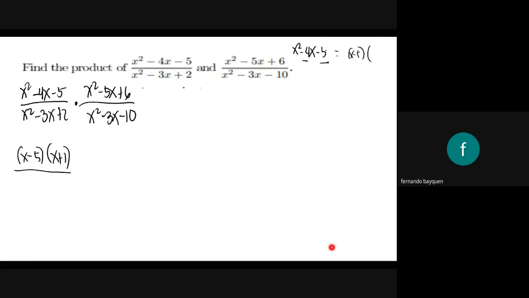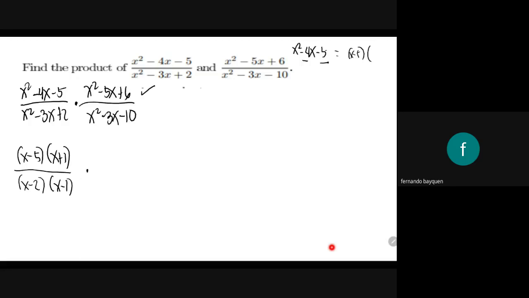Come on. Isip kayo ng factors ng 2 na kapag pinag-add natin negative 3. Sige, Fernando. X minus 2, x minus 1. That is correct.